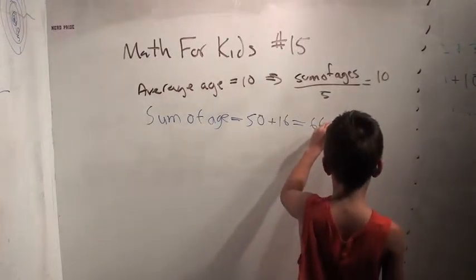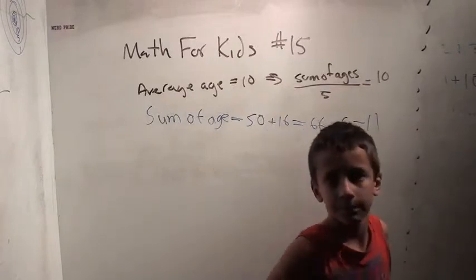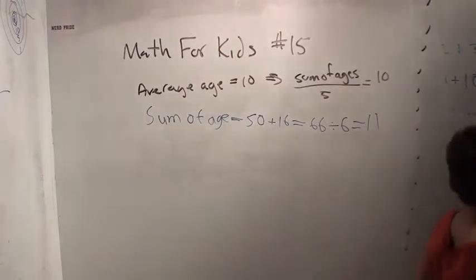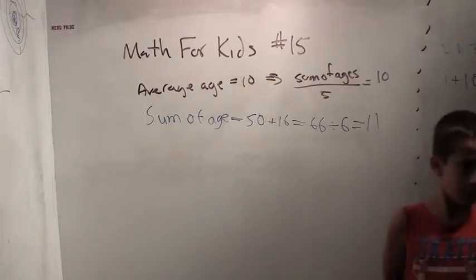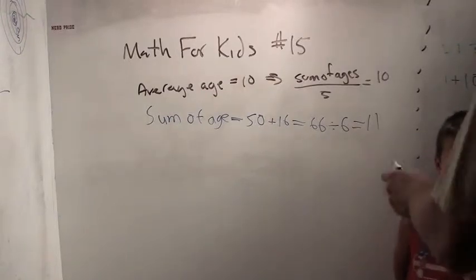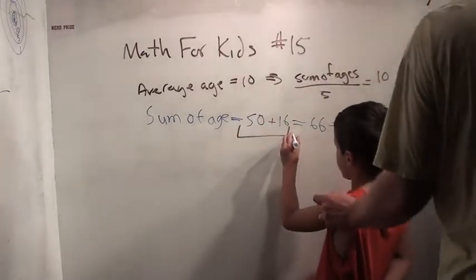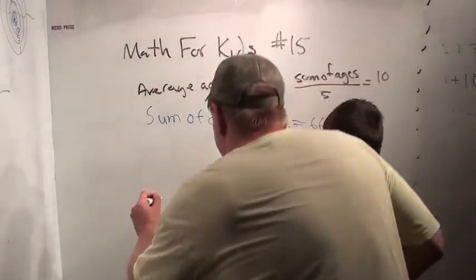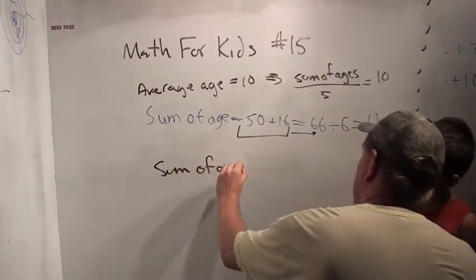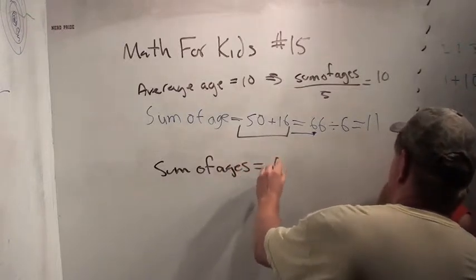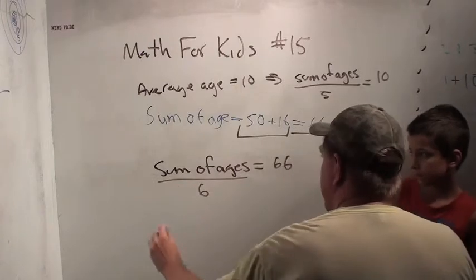When the 6th kid shows up, that kid is 16 years old, so the sum of the ages equals 66, and the sum of the ages divided by 6 is the average.